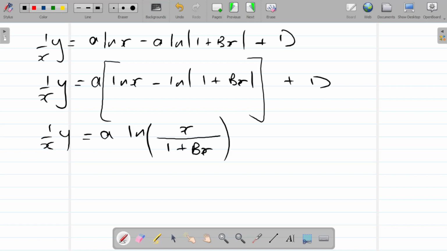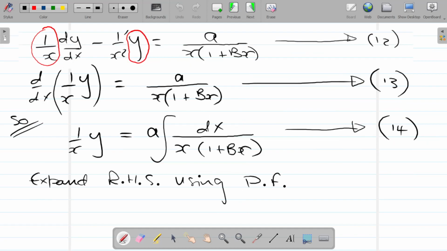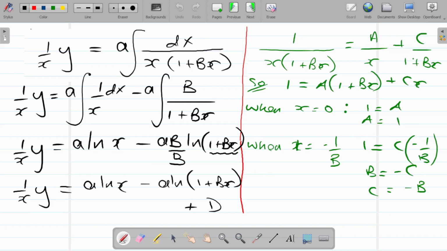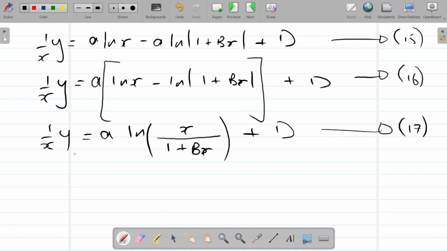I seem to have gone back to curly brackets again, but what the hell. Right, let's just call that equation 14, we'll call that equation 15, that equation 16, and that equation 17, right?